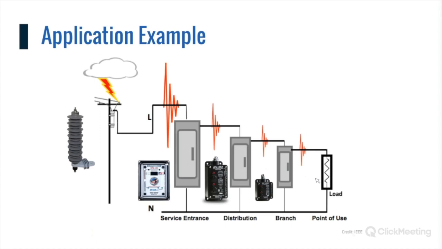So the next step is you need to go down to the load, the point of service. Have true equipment protection. That's going to protect the equipment. It'll mitigate the transients and keep them from getting back into your branch and back into your distribution.